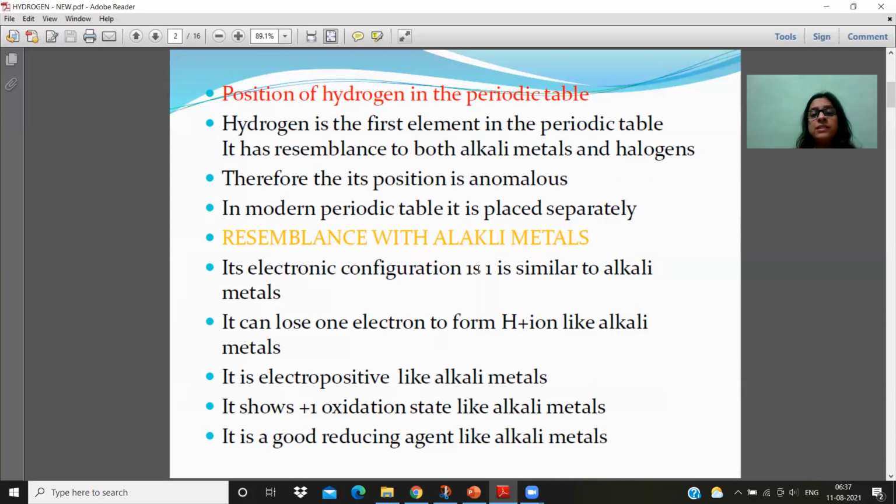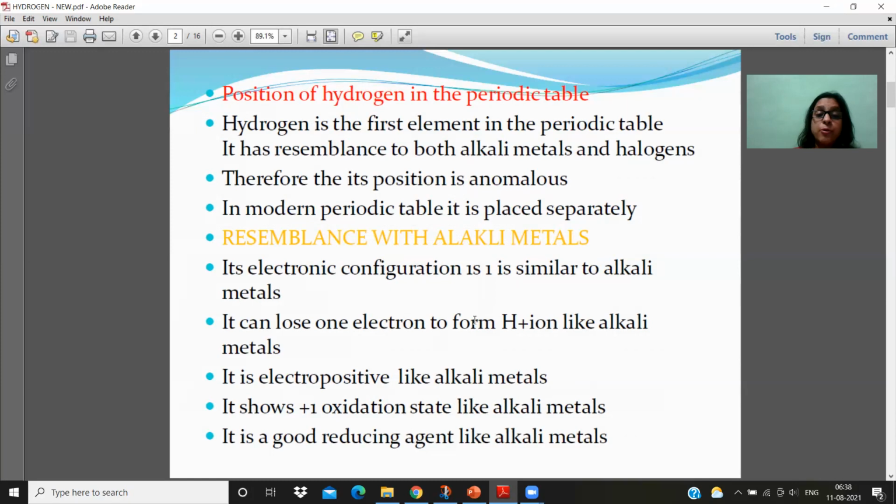Actually, how can we say that it resembles alkali metals? The first resemblance: it has the electronic configuration of S block. ठीक है, तो इसका 1s configuration होता है, due to which it is similar to the alkali metals, कि हमें लगता है ये S block का ही member है. Like alkali metals, it can easily lose its one electron and form H positive ion.